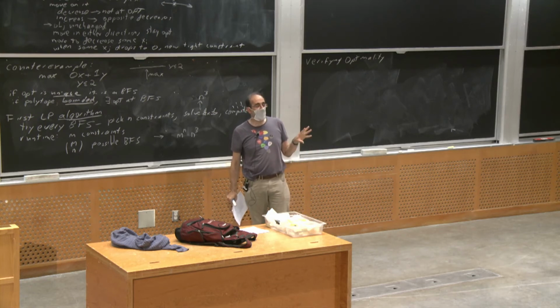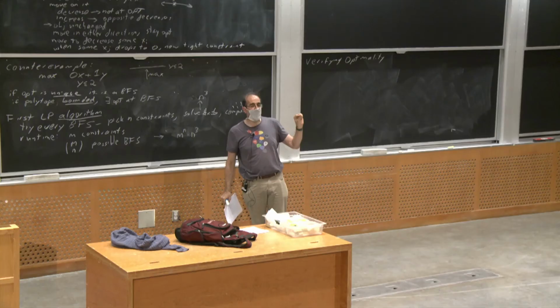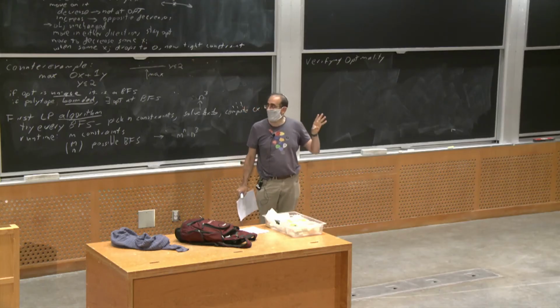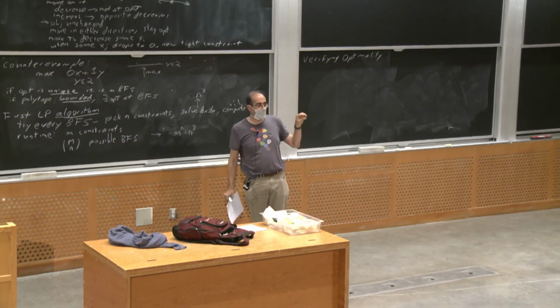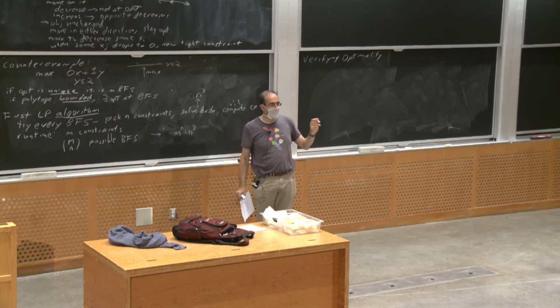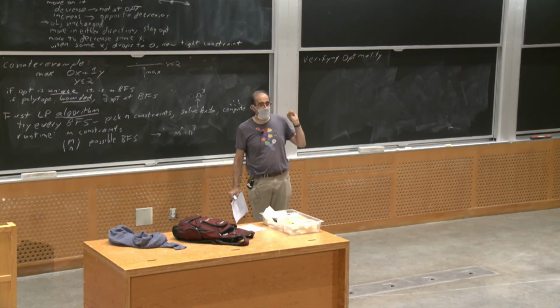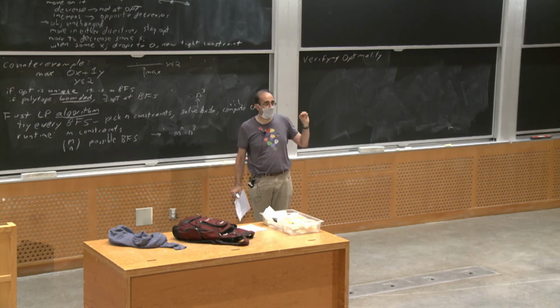But if I give you a linear program and say, this is the optimum, this seems much harder, right? Because yes, I can certainly check that Ax equals b and x is greater than or equal to 0, but how do I check that this is the minimum possible objective over all of the other possible feasible points?